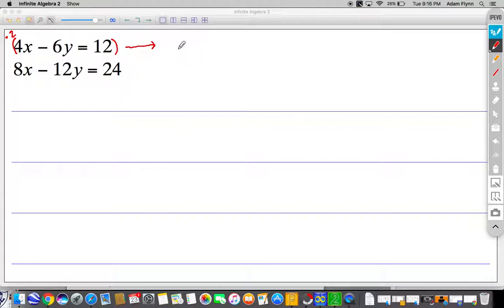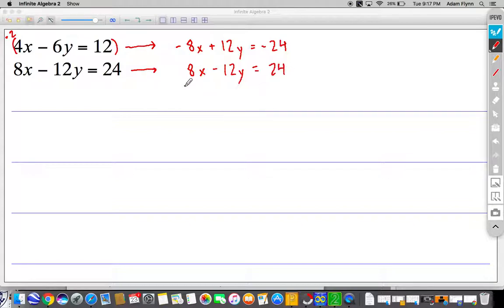When I do that, I will get negative 8x plus 12y equals negative 24. And for my bottom equation, haven't touched it, just rewriting it, I have 8x minus 12y equals 24.